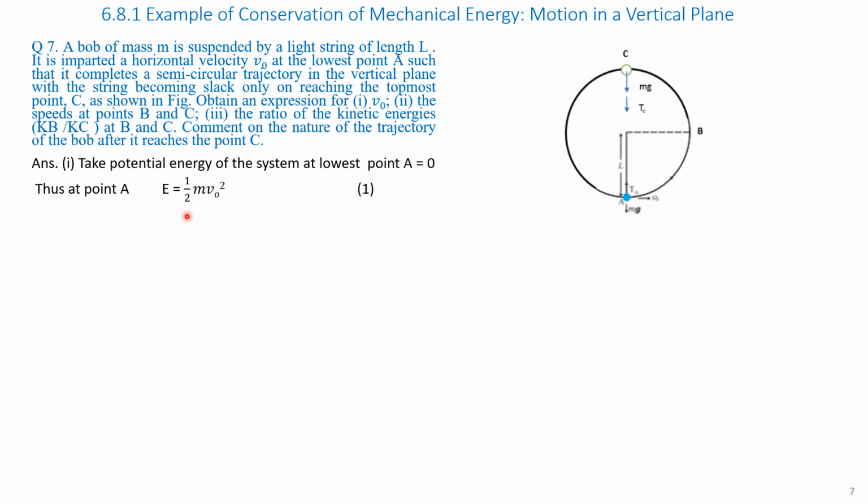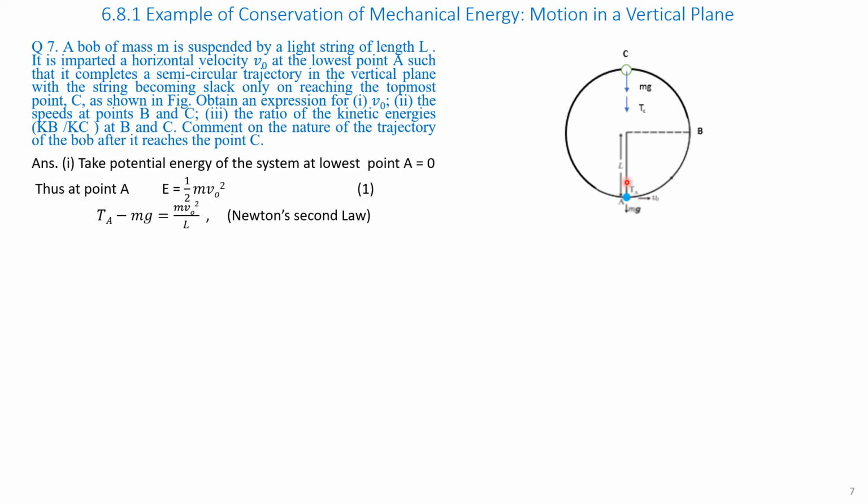Thus at point A, energy is equal to half m v naught square. Let it be equation 1. So here only kinetic energy is there, given by half m v naught square. Resolving the forces at point A, we get Ta minus mg.